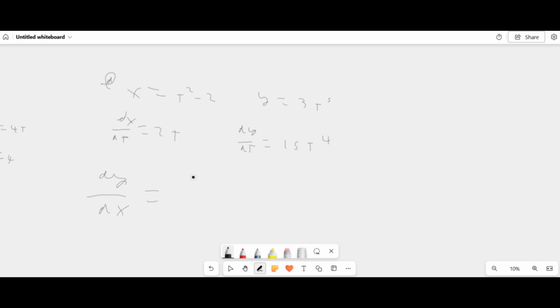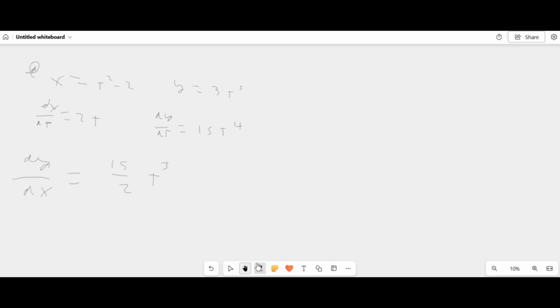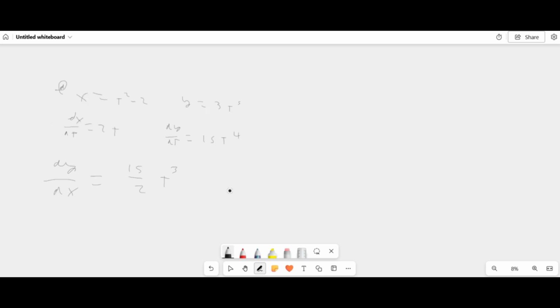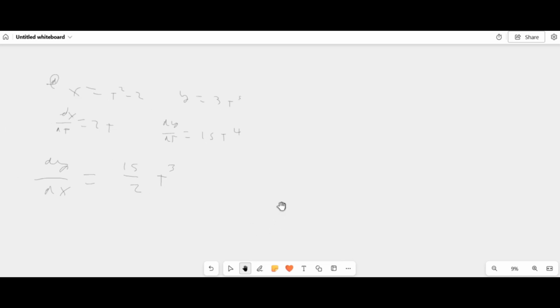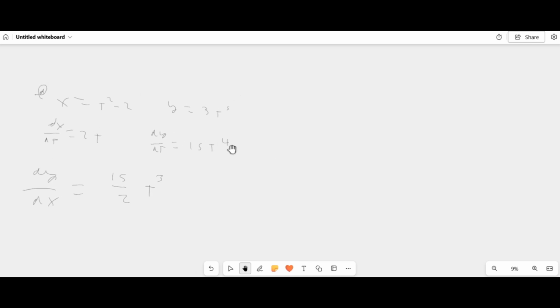So that's going to be 15 over 2 t cubed, because t to the power 4 over t is going to be t cubed. Alright, E.